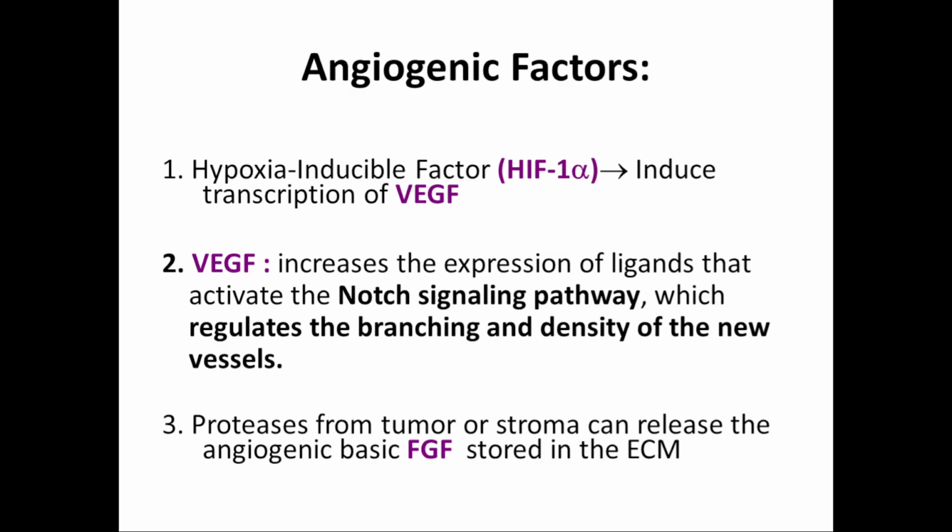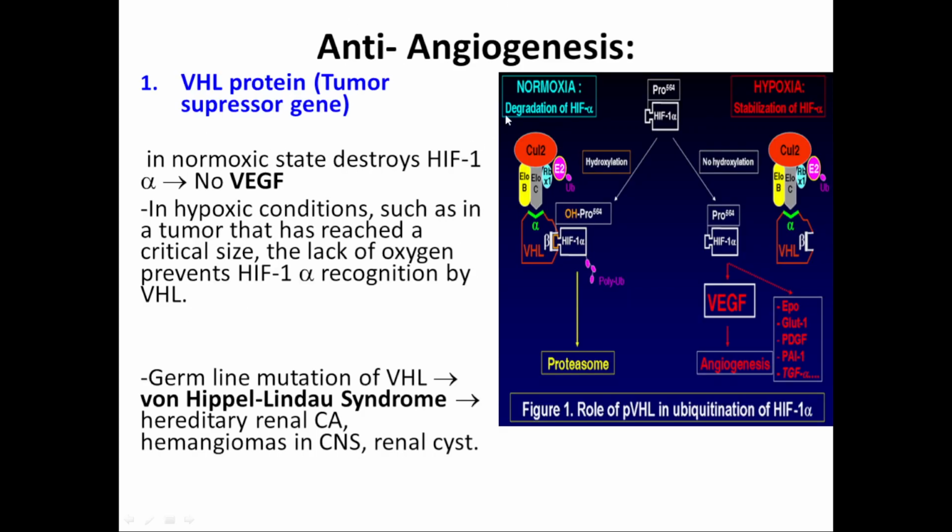So this is also used by the tumor cells, the hypoxia inducible factors. In hypoxic conditions, the hypoxia inducible factor is activated and it leads to production of vascular endothelial growth factor, which leads to angiogenesis.